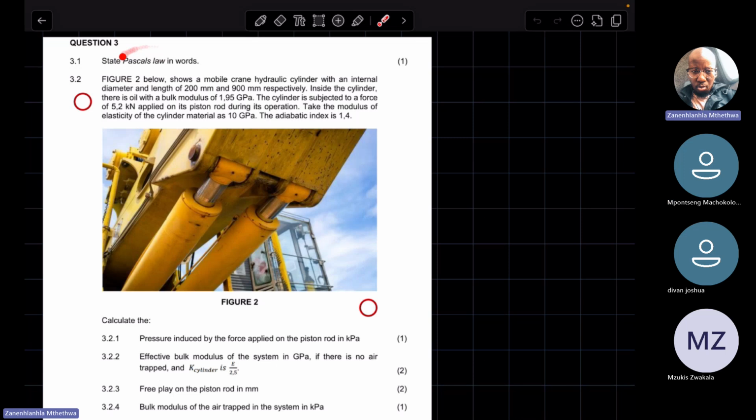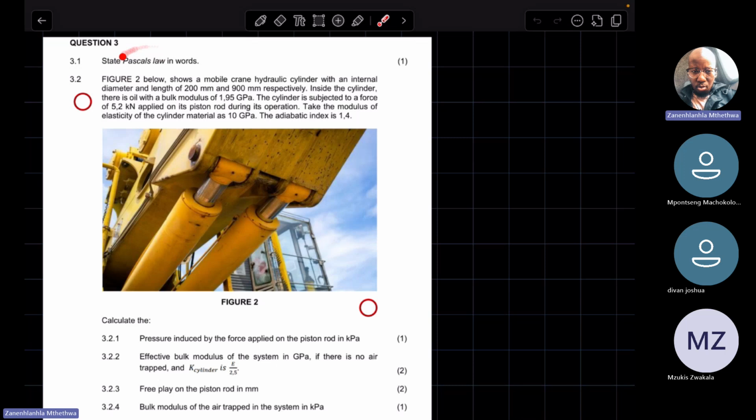For instance, how I would state Pascal's law is that Pascal's law states essentially that the pressure exerted on a fluid in a closed container, the closed container part is the critical part here, for Pascal's law to be applicable, you have to be looking at a closed hydraulic system.